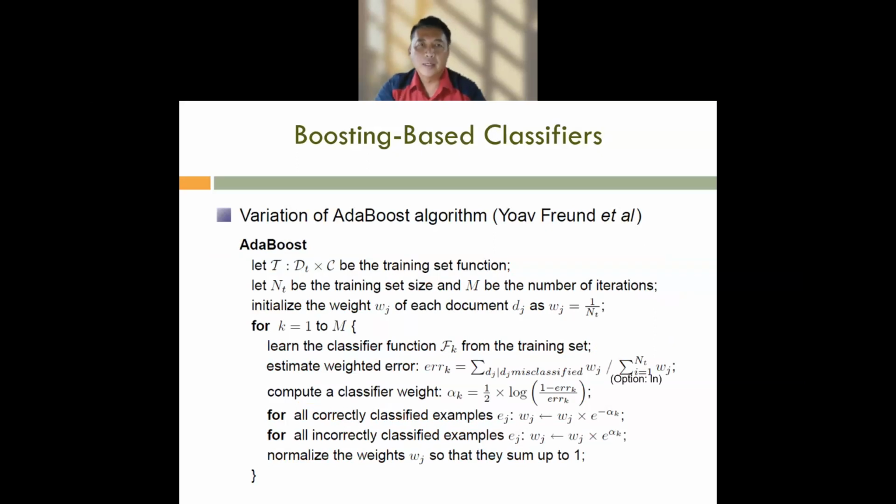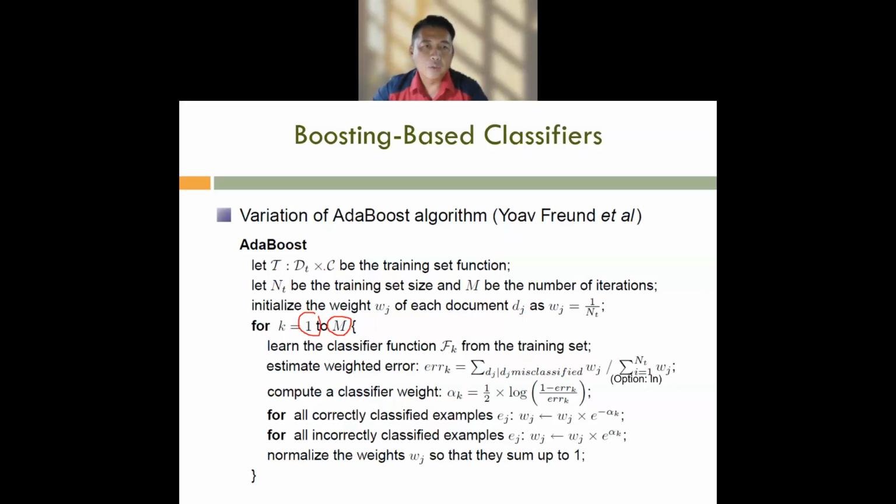Okay, so this is the pseudocode for the AdaBoost algorithm. Basically, what we want to do is have a few models arranged in sequence order. In this case we have up to m models, so 1 to m.